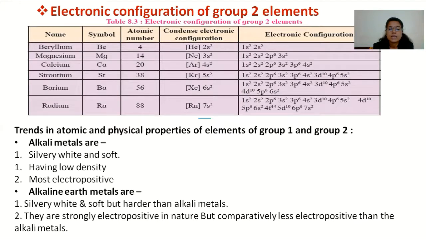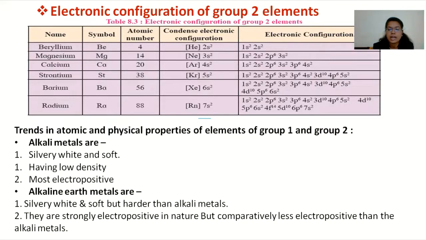While the alkaline earth metals are also generally silvery white, lustrous and soft, but harder than the alkali metals. They are also strongly electropositive in nature, but comparatively less electropositive than the alkali metals.